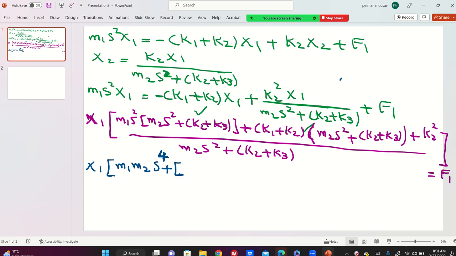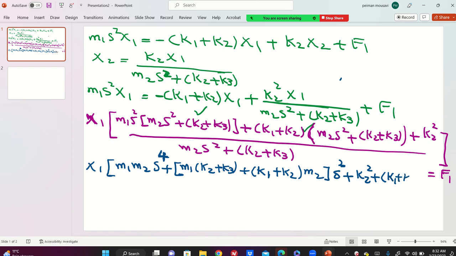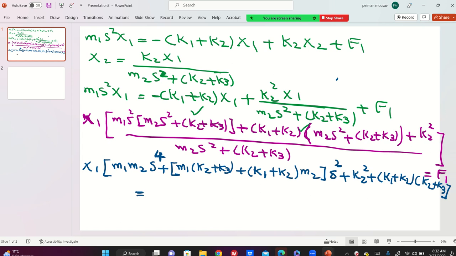Plus, so S, we don't have S square, only S. So you're going to have M1, K2 plus K3 from here, S square, plus K1 plus K2 M2 from here, and this is S square, and the only numbers are K2 square plus K1 plus K2 in K2 plus K3 equals to F1 multiplied by M2 s square plus K2 plus K3.